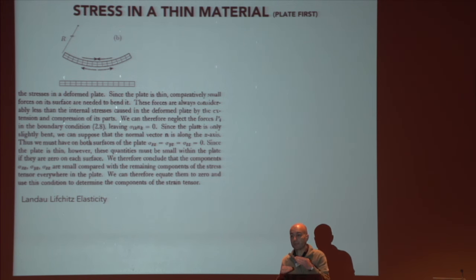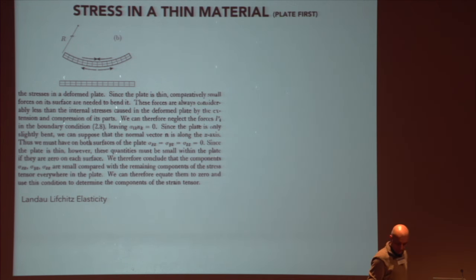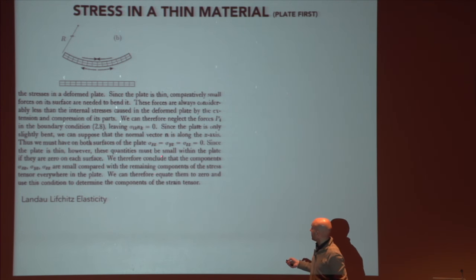So what happens in a thin shell is that you have a stress tensor which is essentially in plane. All the forces are located in plane in the shell. So it's quite a special geometry, and this is written here. The component sigma is the stress tensor.